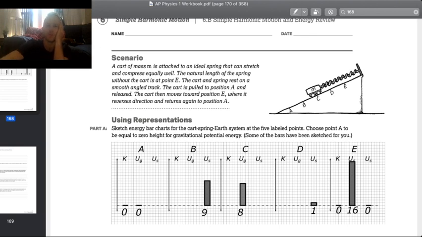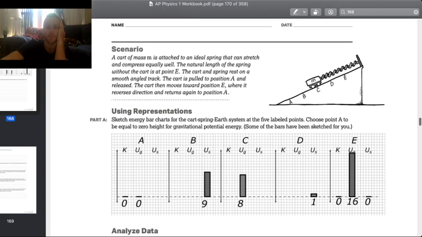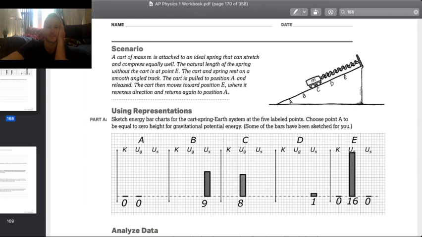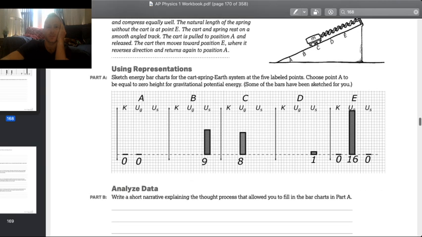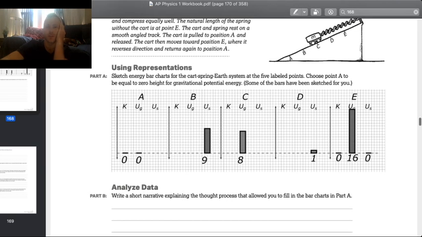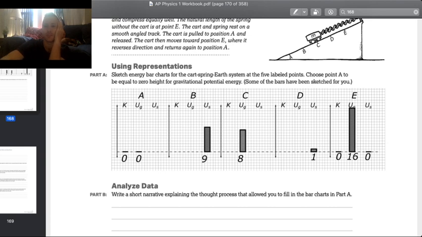The cart is pulled to position A and released. The cart then moves towards position E, where it reverses directions and returns again to position A. Sketch energy bar charts for the cart spring earth system at the 5 labeled points.